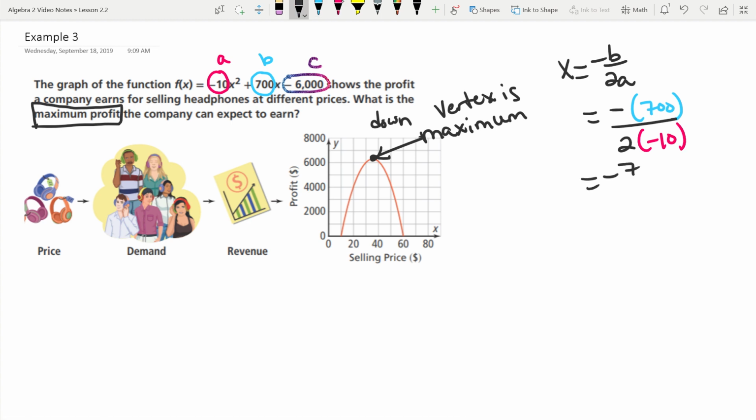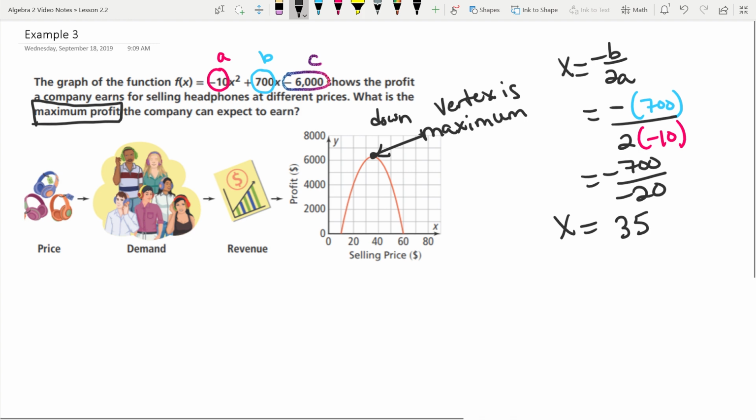So we got negative 700 over negative 20. So we need 20 goes into 700. So we'll do that on the calculator. 2 goes into 70 35 times. So x is equal to 35.